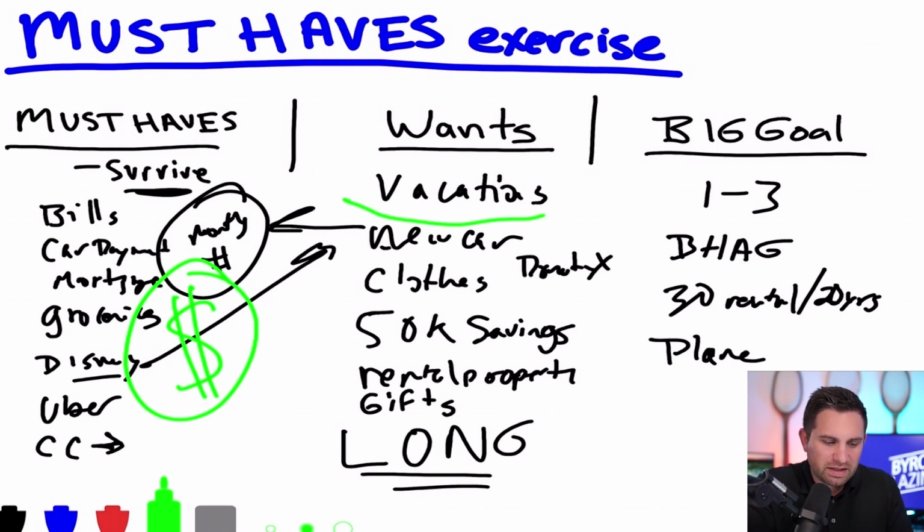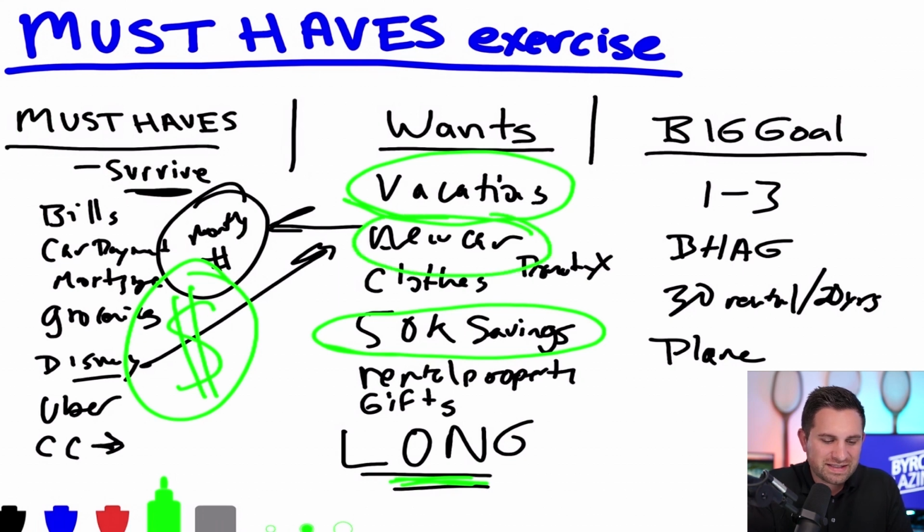I'm going to go ahead and circle the things that I want to happen in the next 12 months. Remember, your want list is really long. So you're just going to go through here and circle the things that you want to have happen in the next 12 months that are reasonable based off the amount of ambition you have to actually put in the work to get there.